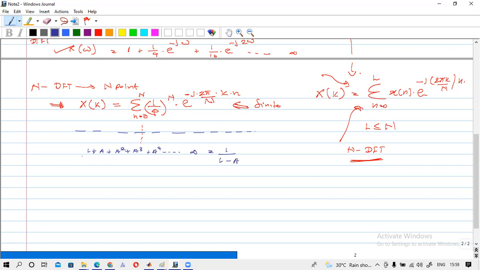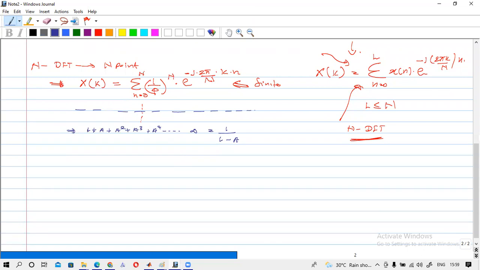Can you remember this one? So we have this kind of power expansion. This is actually a Taylor series, a geometric power expansion. You can see that only the endpoints are there.